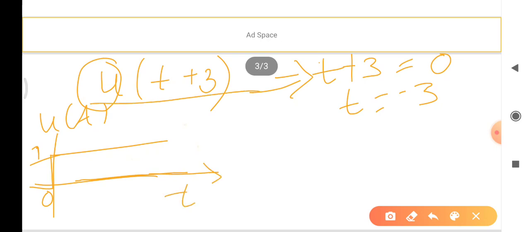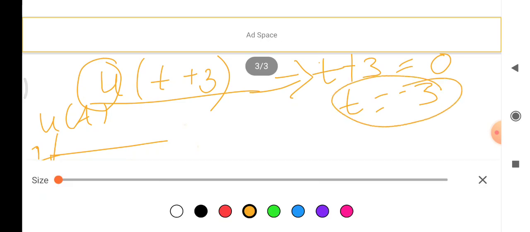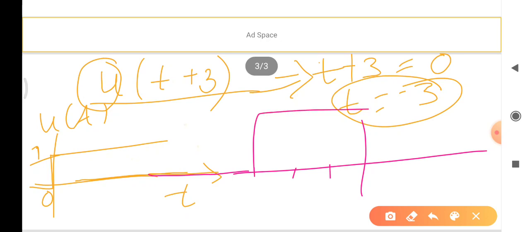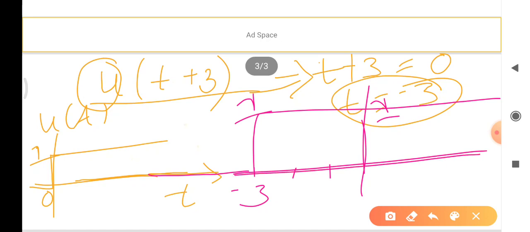Now we need to draw u of t plus 3. This signal starts from minus 3. Take minus 1, minus 2, minus 3, then 0. The signal starts from minus 3 and the magnitude remains the same. Time scaling and time shifting, these two operations correspond to the x-axis.